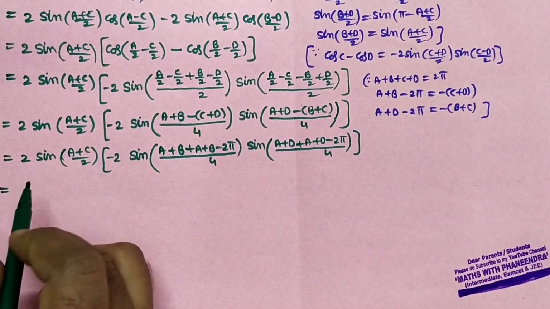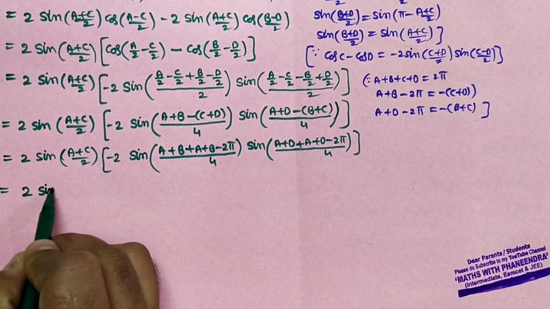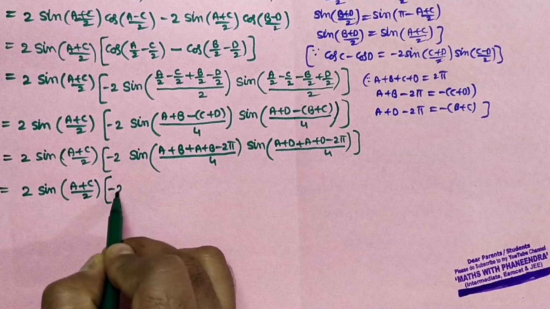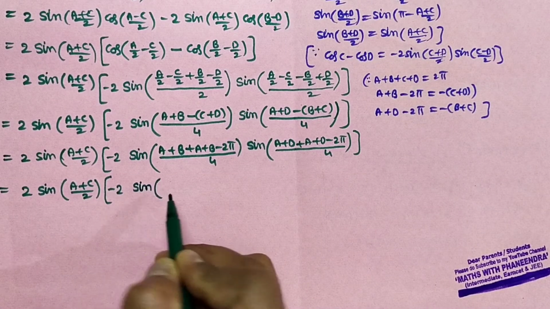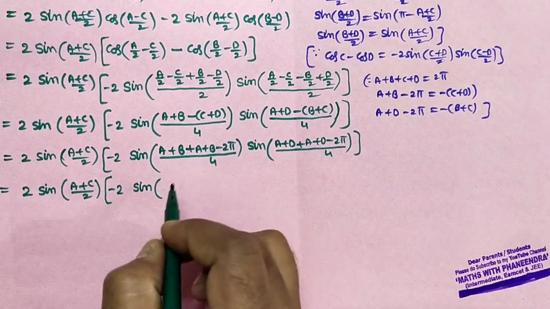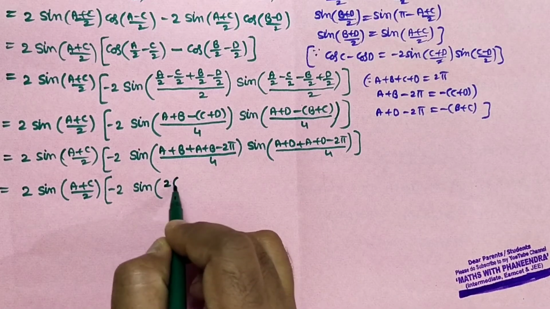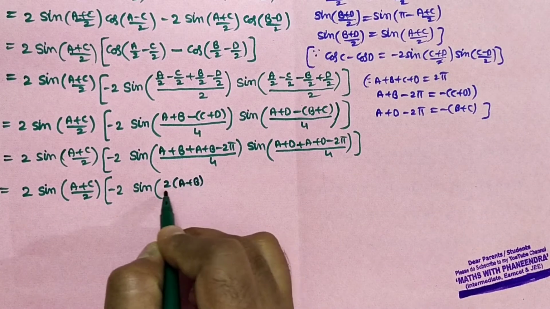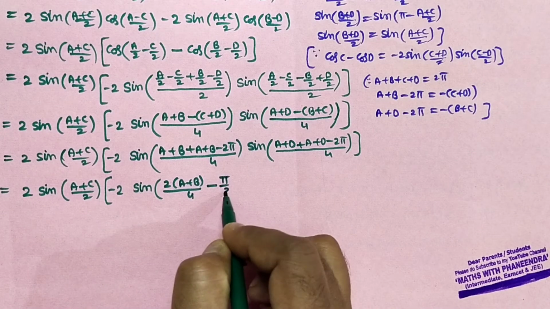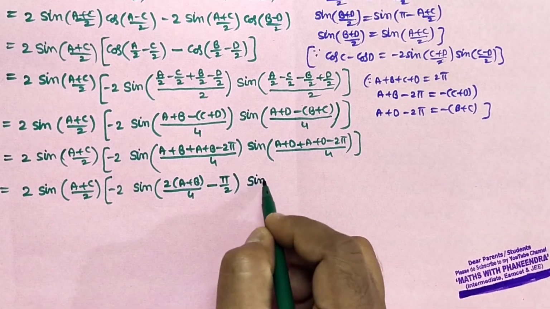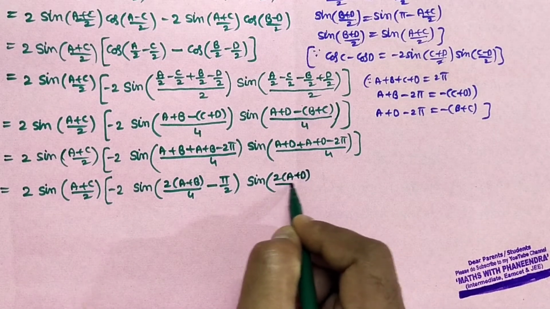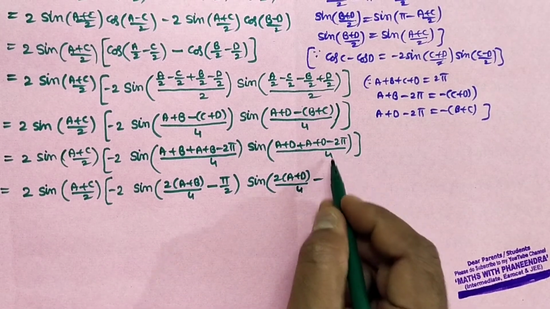So 2 into sine of (a plus c)/2 minus 2 into sine of, a plus b plus a plus b, 2 times of (a plus b) divided by 4 minus 2 pi by 4 means pi by 2. Similarly, sine of a plus d plus a plus d, 2 times of (a plus d) divided by 4 minus 2 pi by 4 means pi by 2.